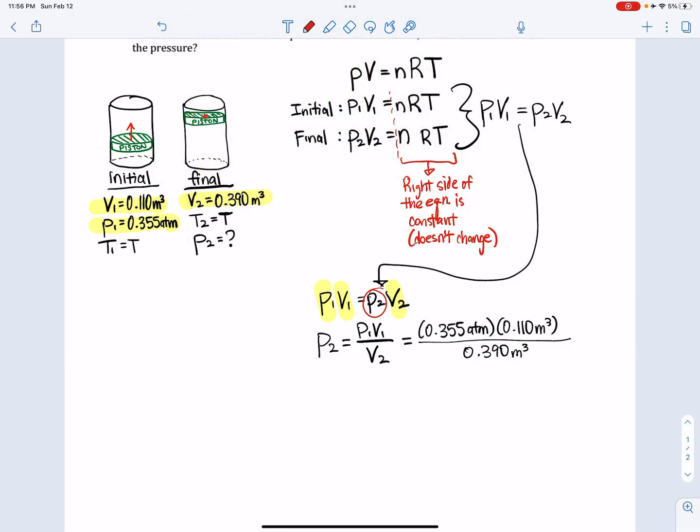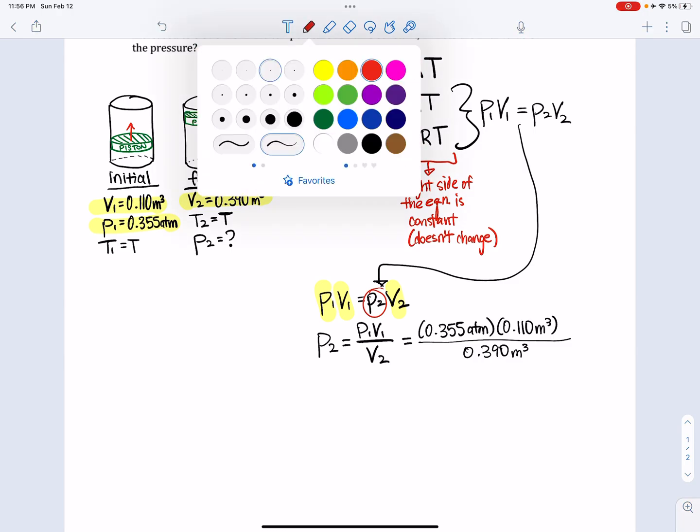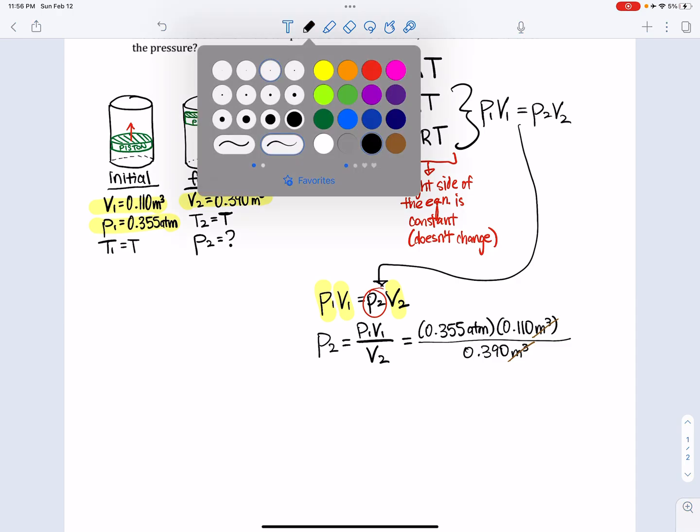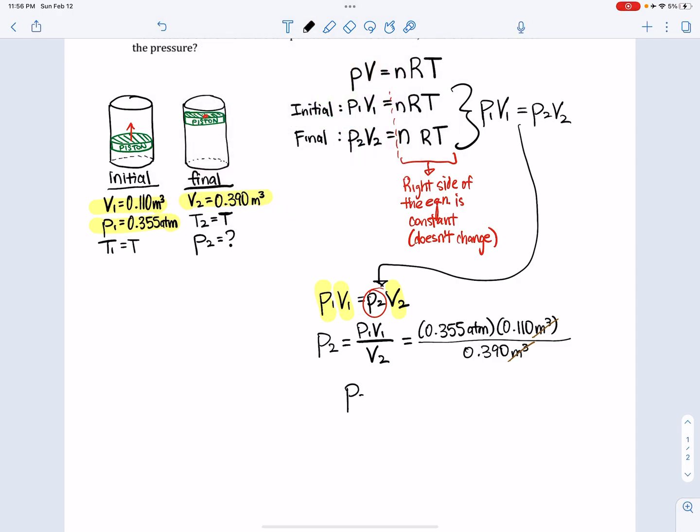And my units for cubic meters cancel out. And if I plug that in the calculator, I would get P2 is equal to 0.100 atm. And that's my final answer.